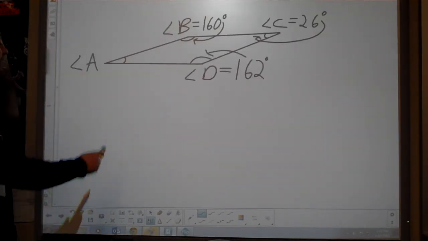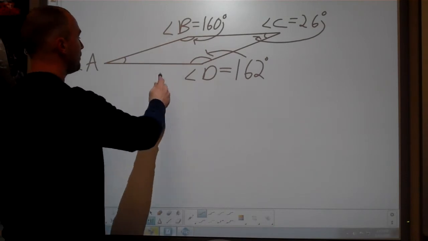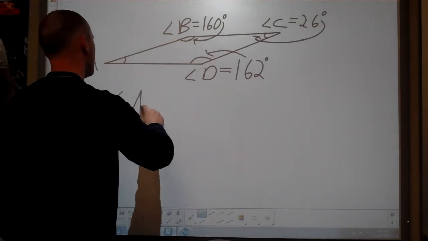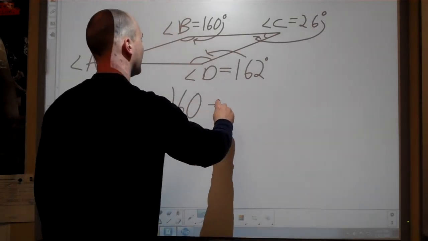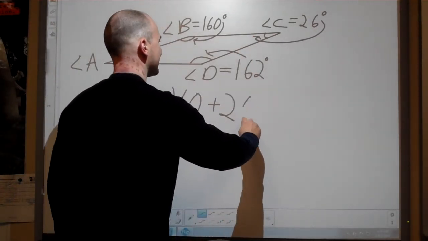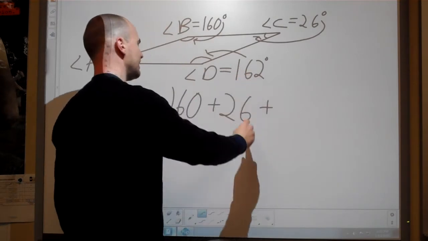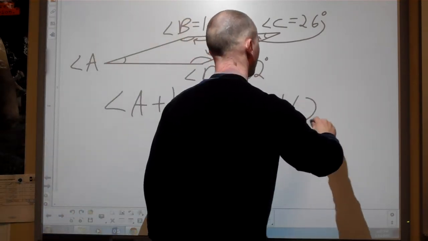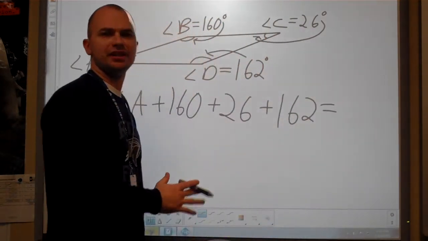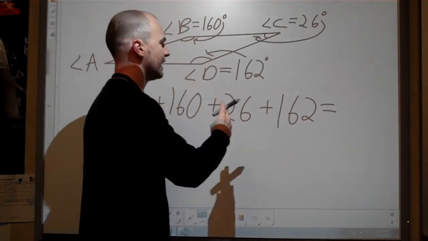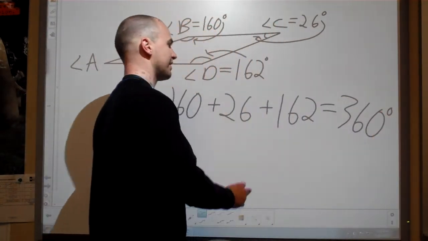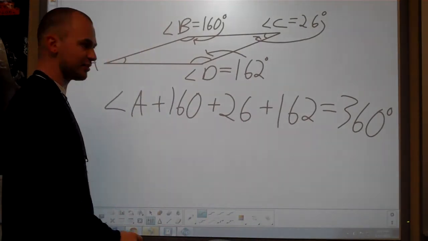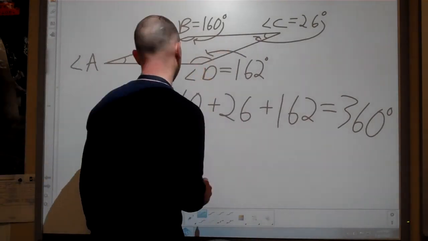Next one, we're missing angle A. We know angle A plus angle B, which is 160, plus angle C, which is 26, plus angle D, which is 162. Altogether, the sum of these four angles has got to be 360 degrees, because all quadrilaterals add up to 360 degrees when you add up the interior angles.